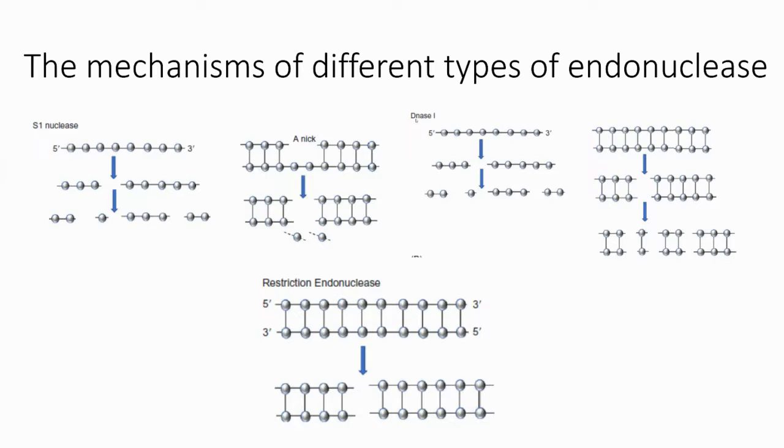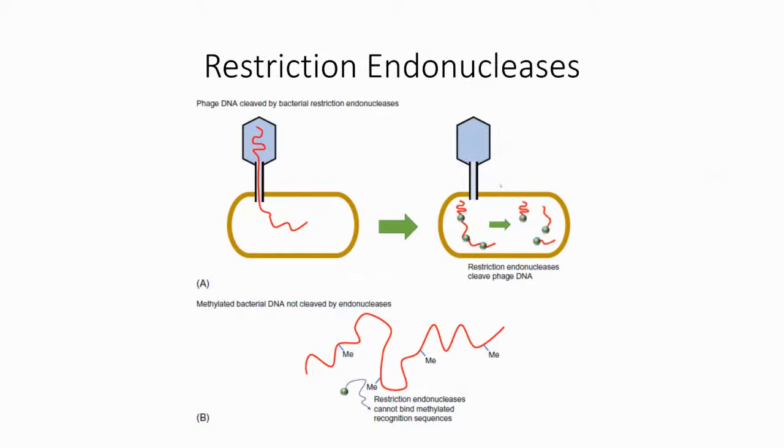On the other hand, DNase I can attack both single-stranded and double-stranded DNA regions. So again, DNase I can degrade the DNA completely if the DNA is not bound by protein. And then the restriction endonuclease. So let's go to the next slide.